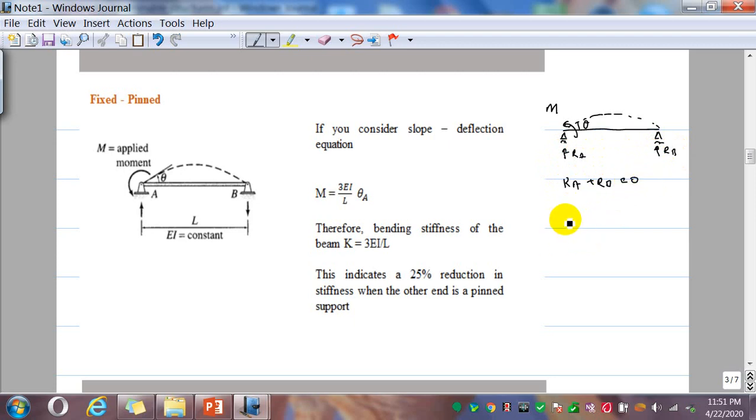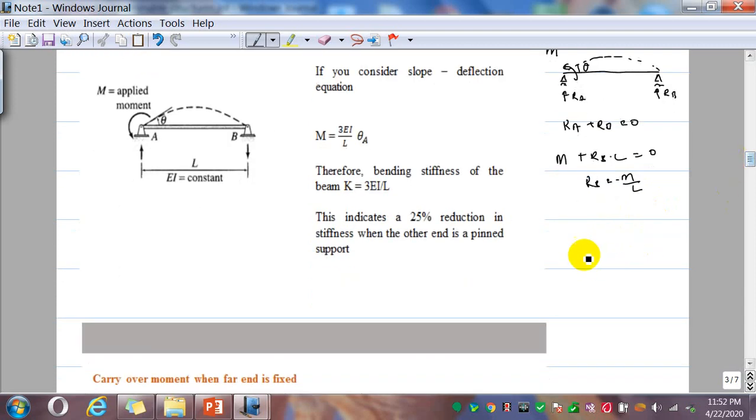If you take moment about A, M plus RB into L is equal to 0, so RB is equal to minus M over L. Now if you plot the bending moment diagram, here it is hogging, so negative, so that is M. Here the moment is 0.